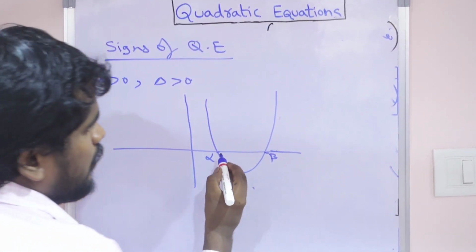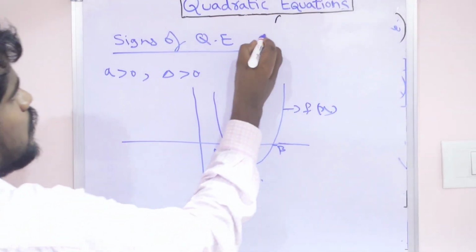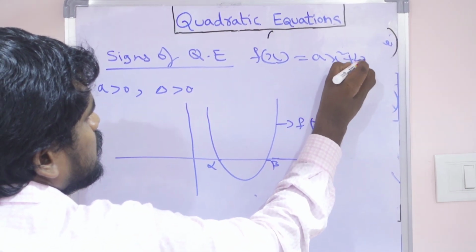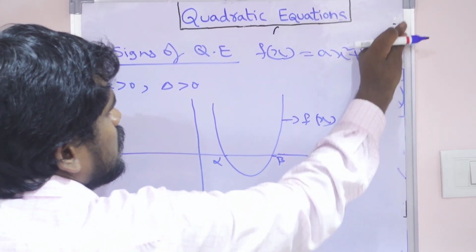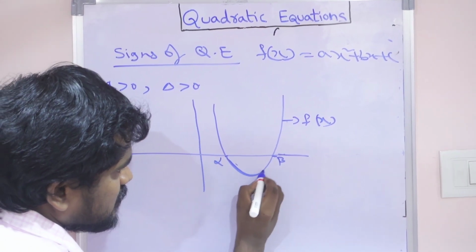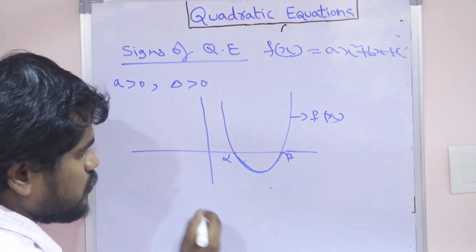Now this is f of x. So f of x is equal to ax square plus bx plus c. So in between alpha and beta, f of x is less than 0.